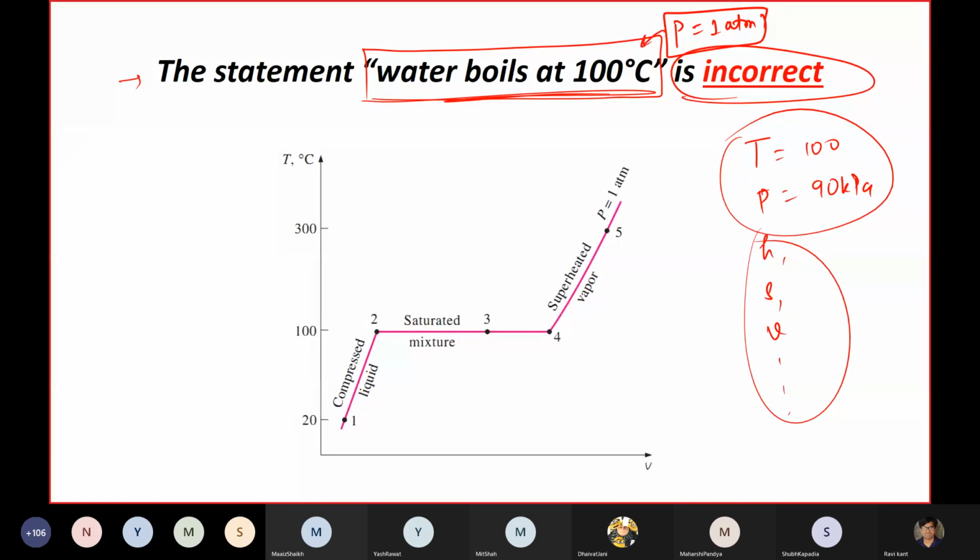You may get something like this. At P equal to 2 atm, P equal to 5 atm, you may get something like this scenario. Eventually, when you connect these things, you will get a dome-like structure.